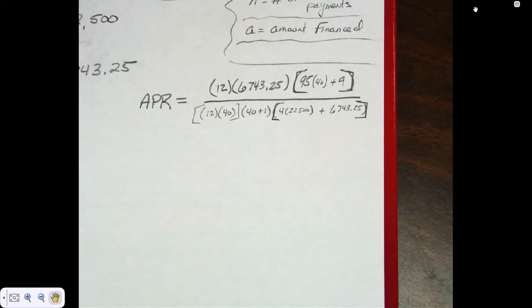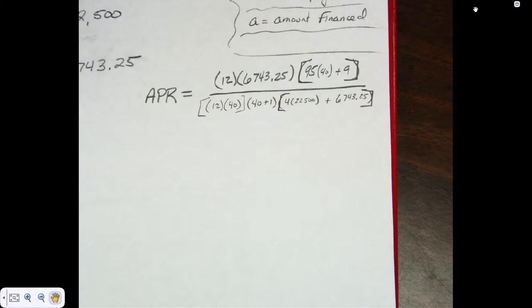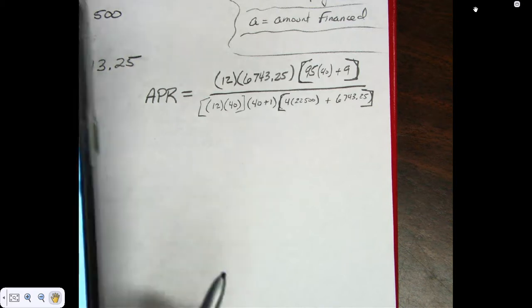I mean, with something like this, it's just a matter of putting it in the calculator and trying to get it correctly done. I think what you'll find, guys, is that one, you're going to have to be careful. But I would work inside out.